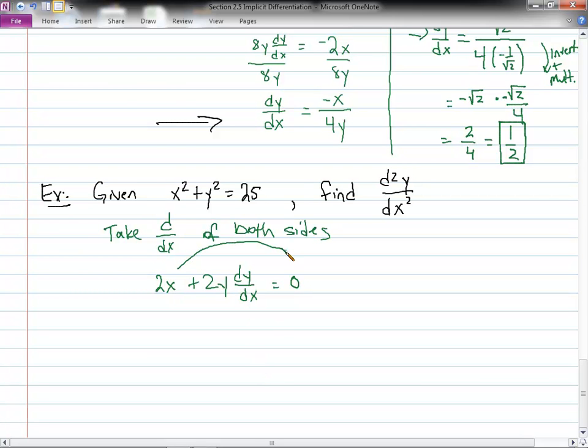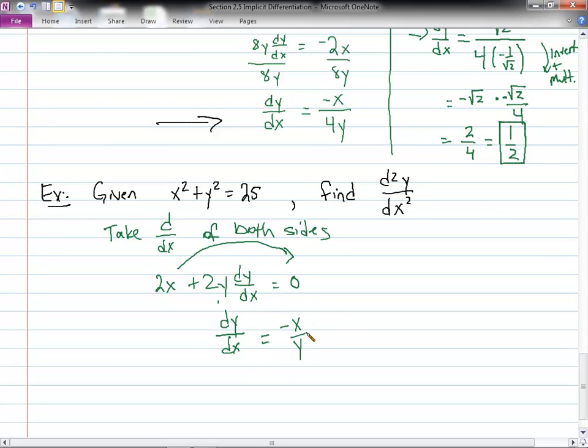Moving this across to the other side, then dividing. You can write it out in 2 steps like we did up here. You simplify. You're going to end up with negative x over y, aren't you? Because the 2's divide out. You end up with a negative 2x over here. Divide the 2y across. That's what you get.